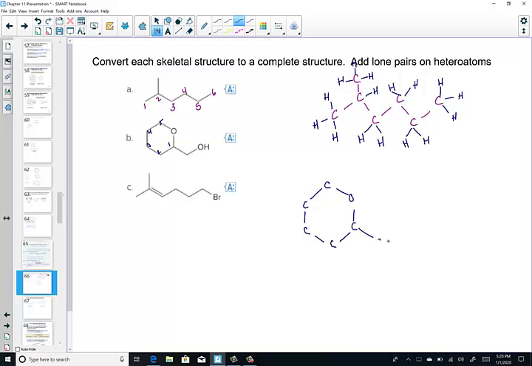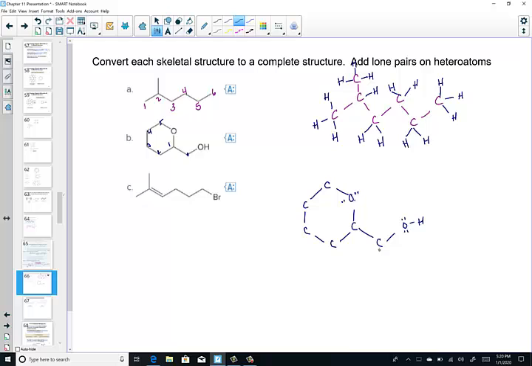I can see that it comes down to a carbon, that's this carbon here, and then up to an OH. I'm going to just remember to complete the dot requirements on the oxygens. They both need 2 sets of dots. Perhaps it would be better to draw the dots on opposite sides so we can see that there's 2 sets.